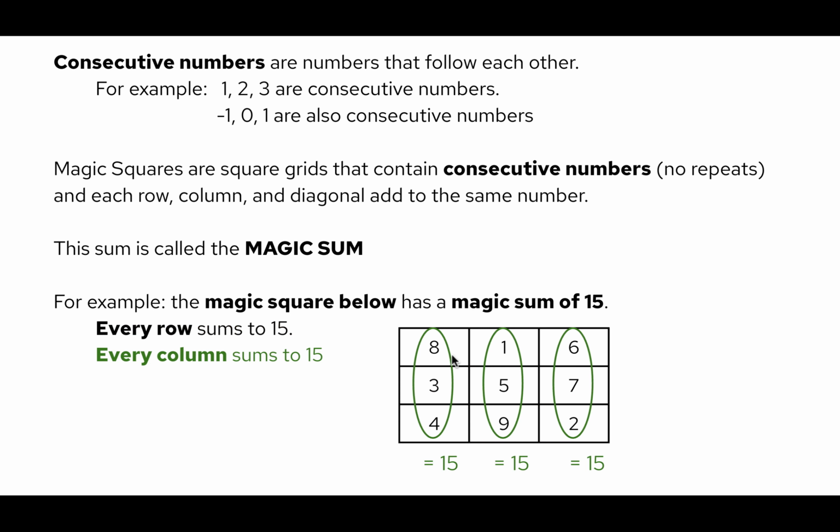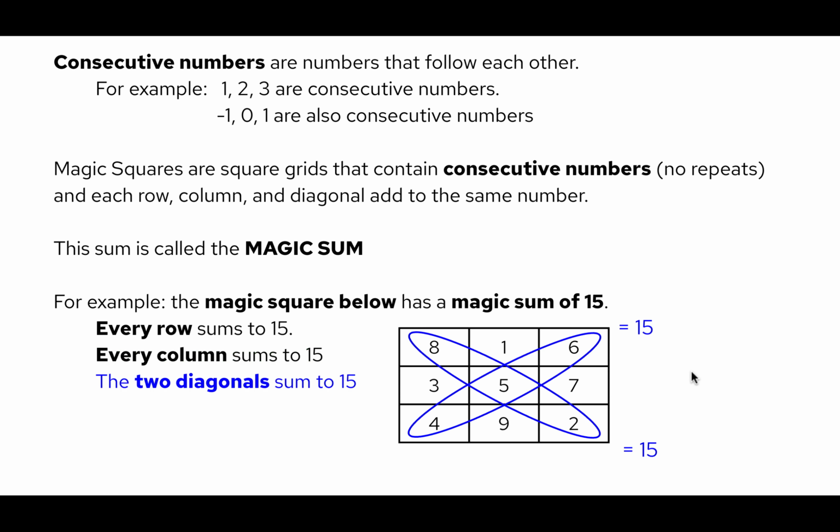Also, every column has a sum of 15: 8 plus 3 plus 4, 1 plus 5 plus 9, and 6 plus 7 plus 2. And lastly, both of the diagonals have a sum of 15: 8 plus 5 plus 2, and 4 plus 5 plus 6. So that makes it a magic square.